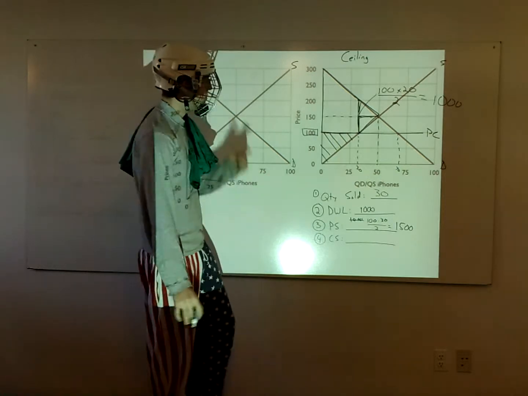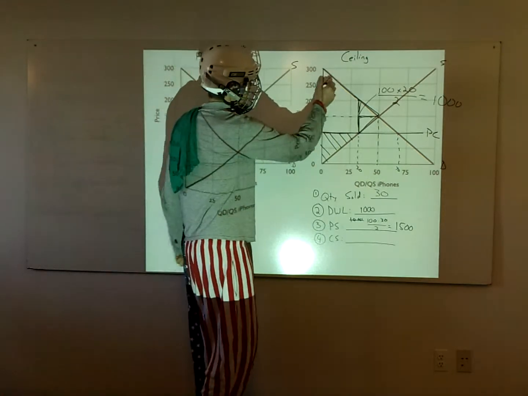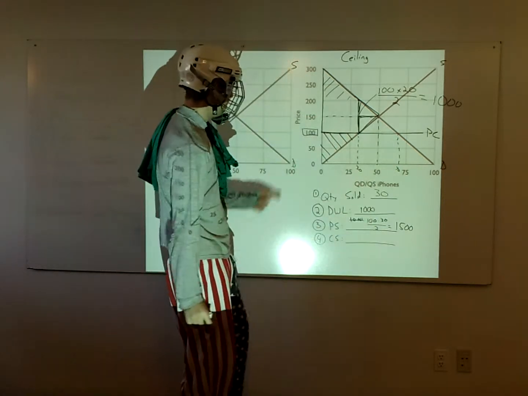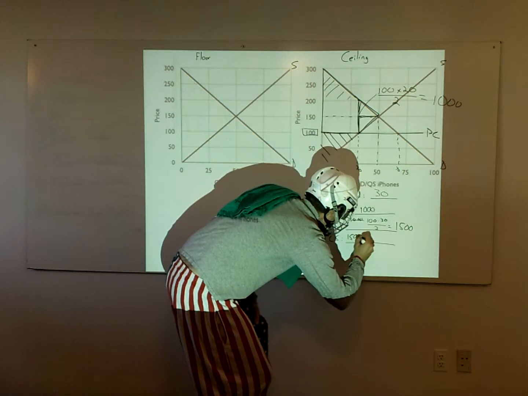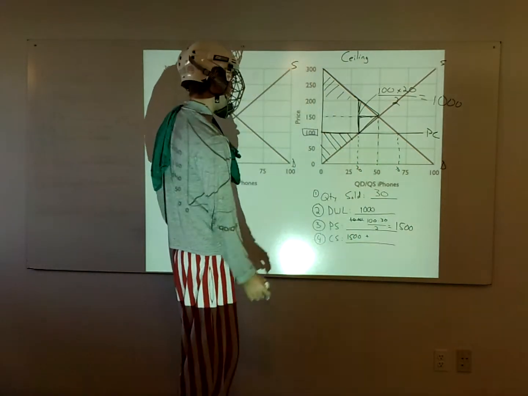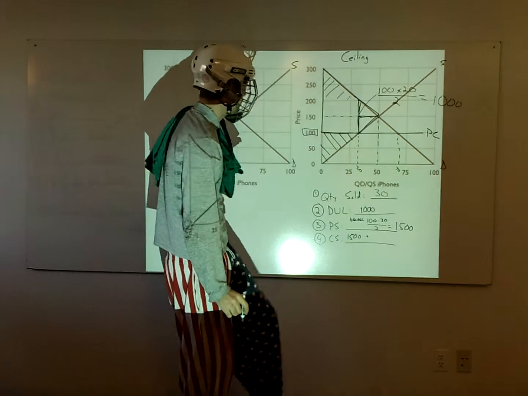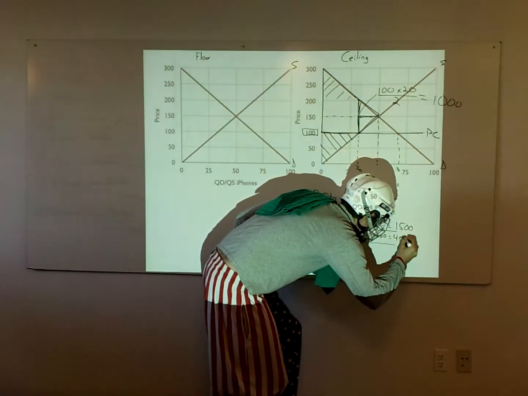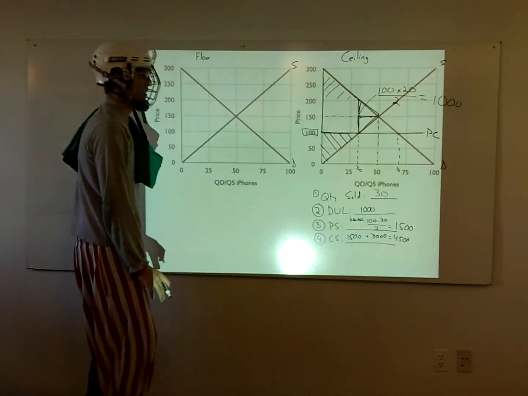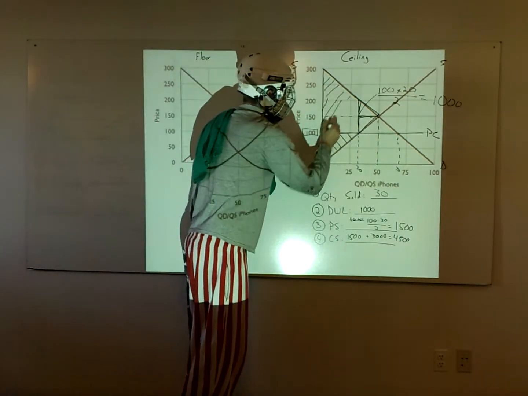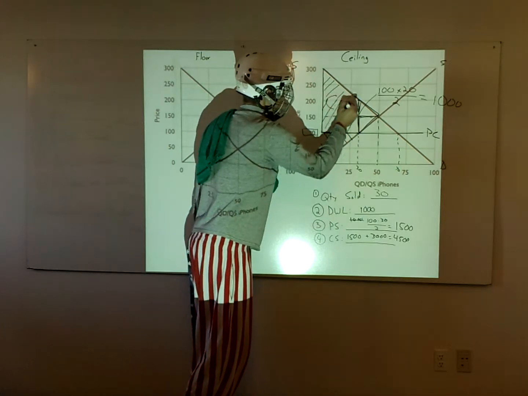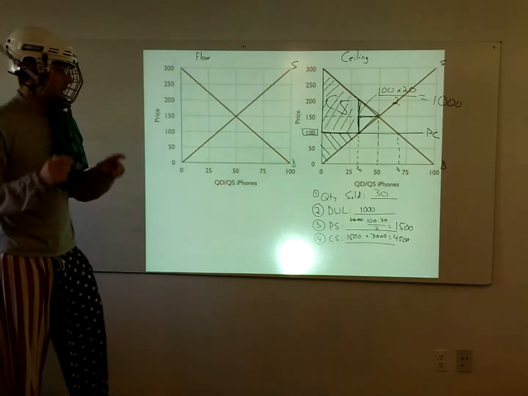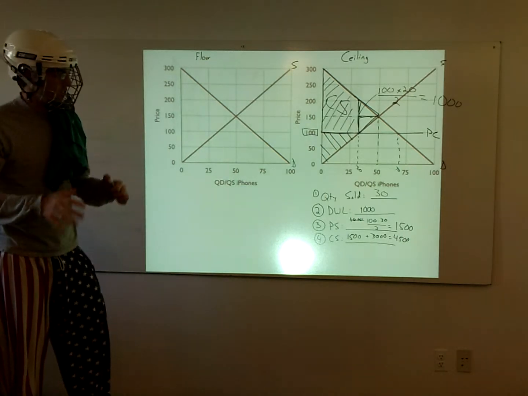And if I wanted to find a number value for it, I'd take this triangle up here, which is going to be 100 times 30, so it's going to be my 1,500. 1,500 plus, let's see, what's this box here? It's 100 by 30, which is 3,000. Equals 4,500. Okay? So this all is consumer surplus. So that's the idea with price ceiling in a nutshell.